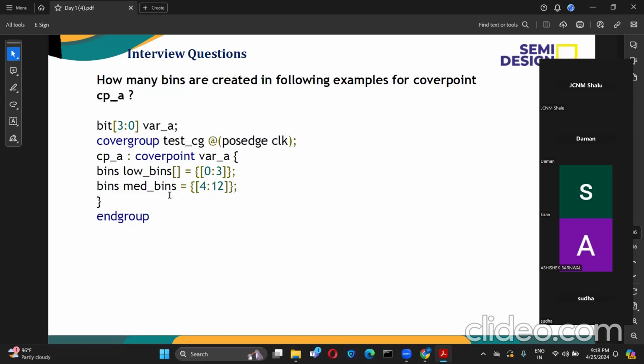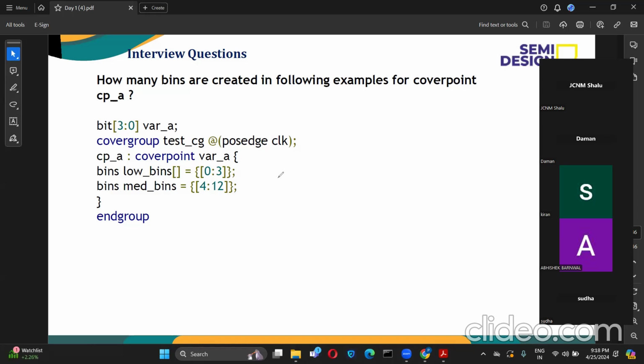Madam, how do you say it is 13 bins? Can you explain to me in what analysis you have told that it is 13 bins? Low bins is 4. Okay.